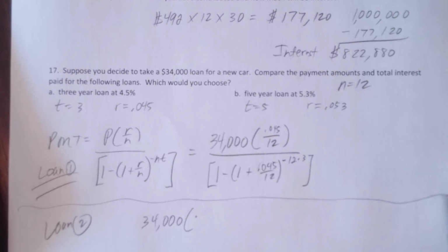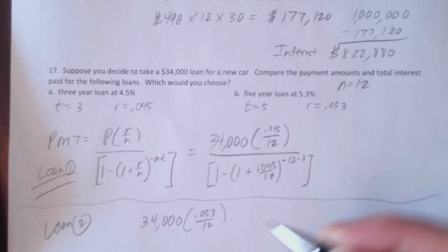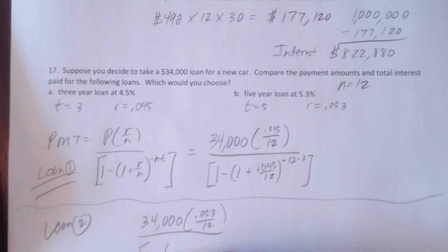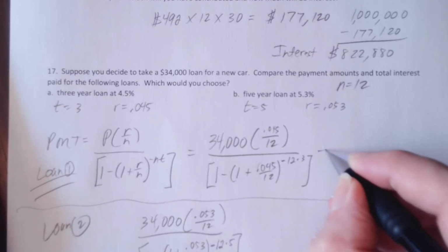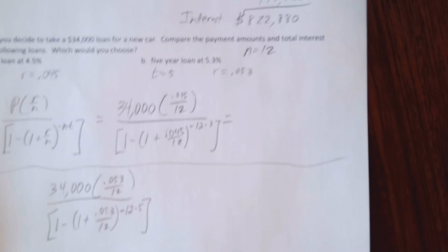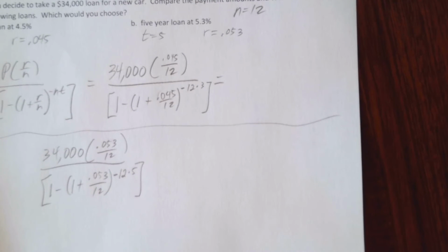There's a reason for this madness here, so it'd be 0.053 over 12, and that's divided by 1 minus parentheses 1 plus 0.053 divided by 12 to the negative. Now it's 12, because n is 12, times the number of years. In this case, it's 5. So that's our exponent. So let's go ahead and do this one, and then you'll see we can actually do the other one quite easily.